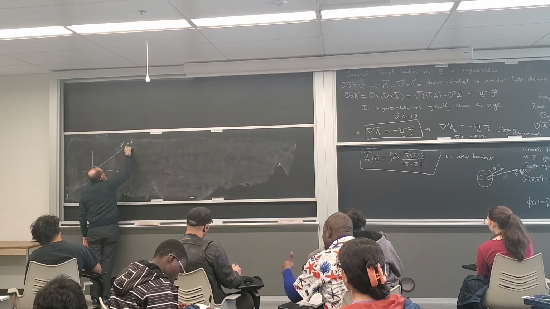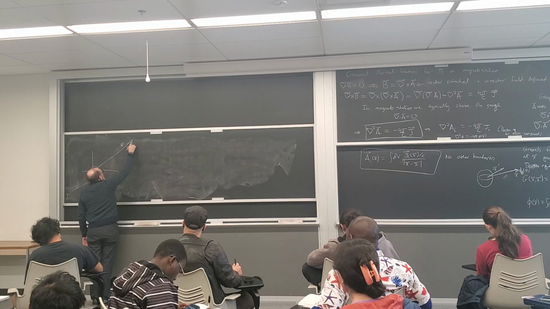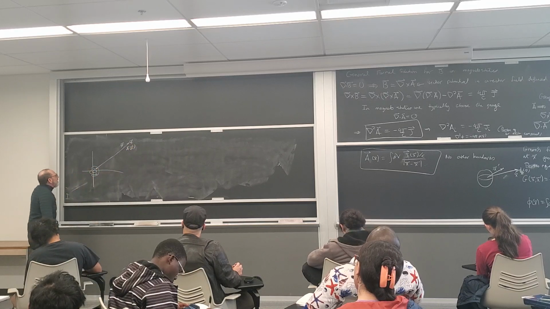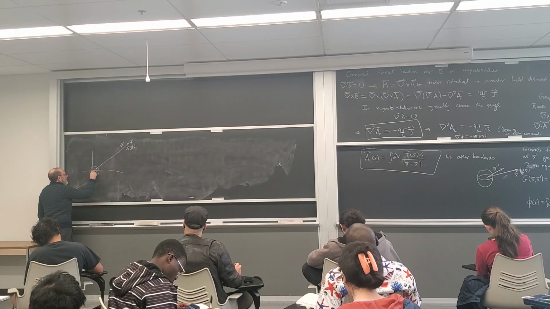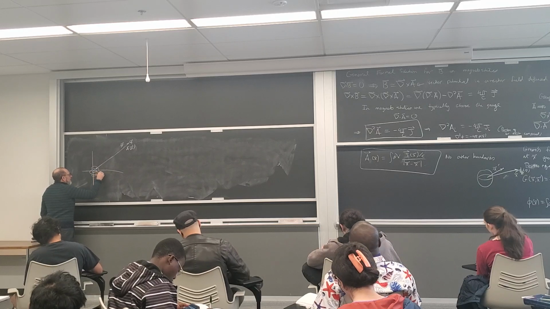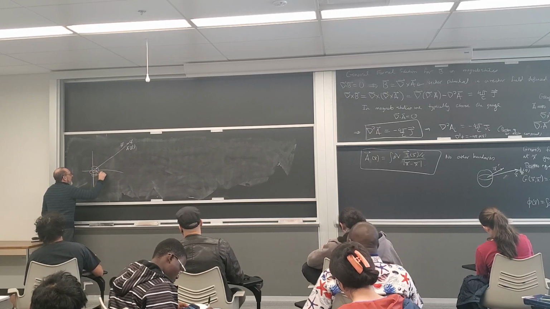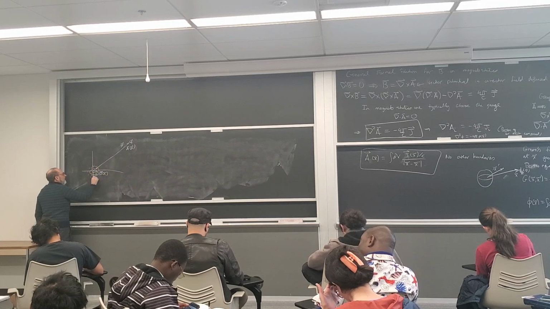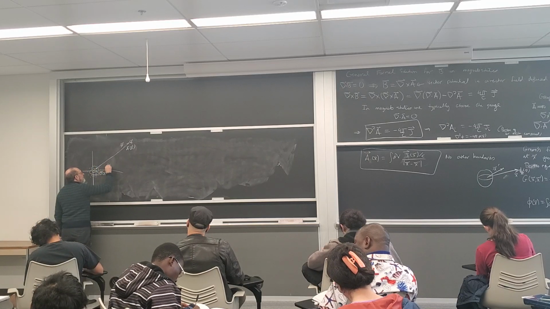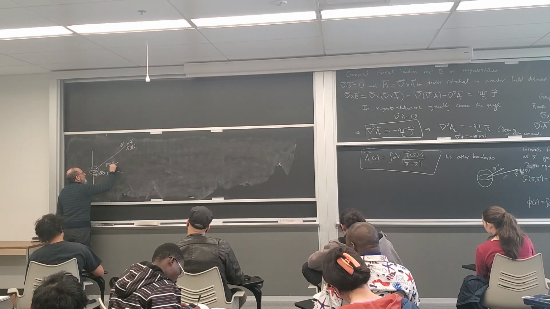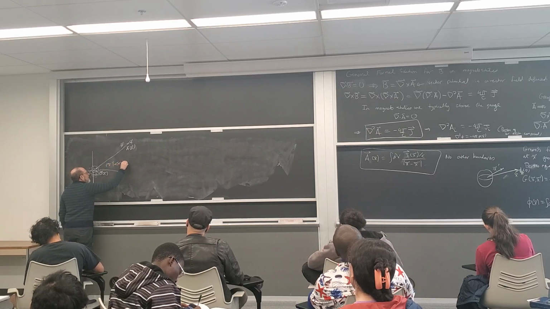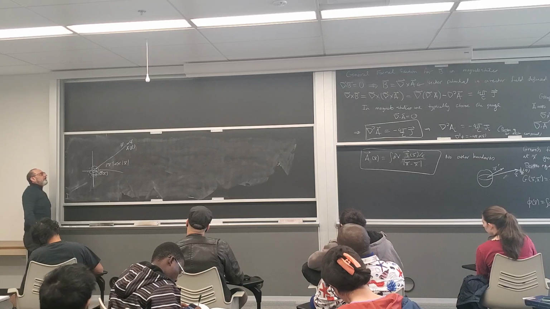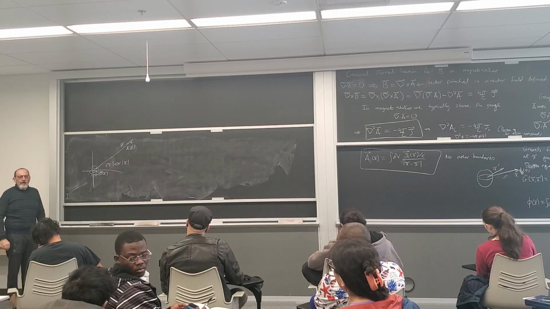vector potential at x, given the current density at x prime, where this is confined in some region of space such that all the x primes are much, much less than the distance to the point of observation.